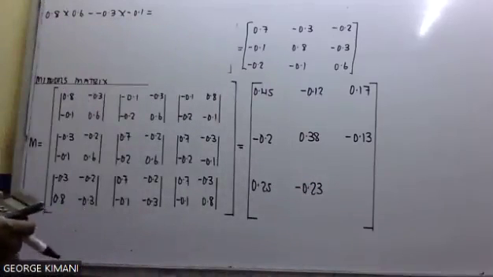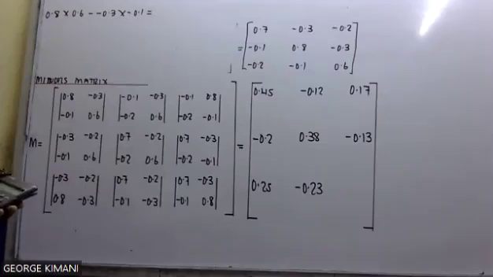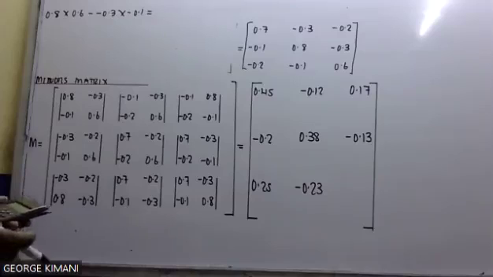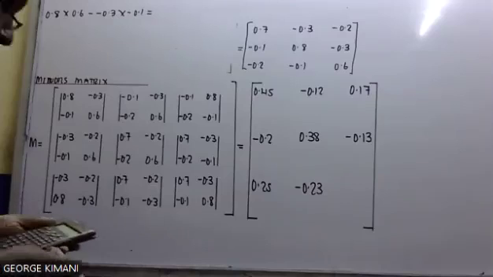And the last one is 0.7 multiplied by 0.8 minus 0.3 times minus 0.1. It is 0.26.